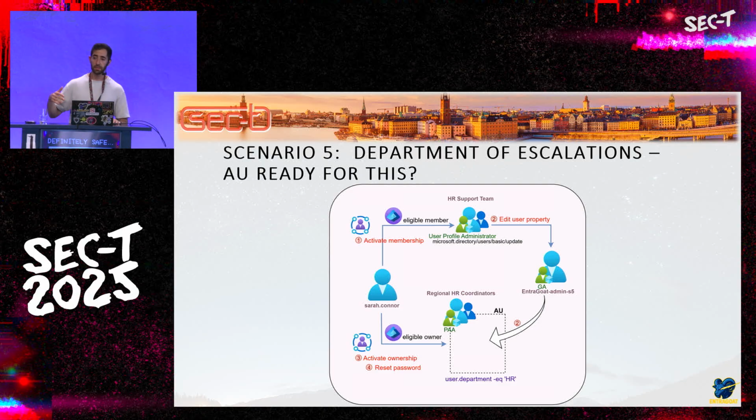So you can use it to edit administrator properties, and that way cause them to be added to the AU that you're controlling, because the AU has a built-in rule that says whenever a user's department is equal to HR, add them to that specific AU. So by combining those two attack paths, you can reset the global administrator user.